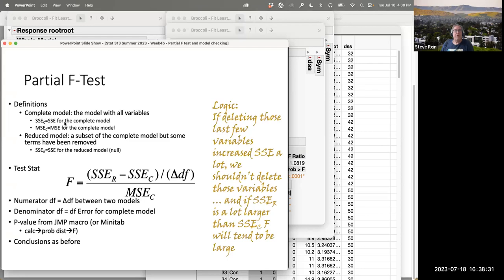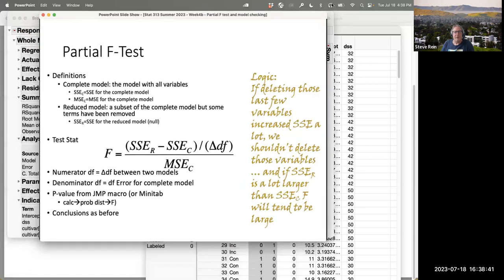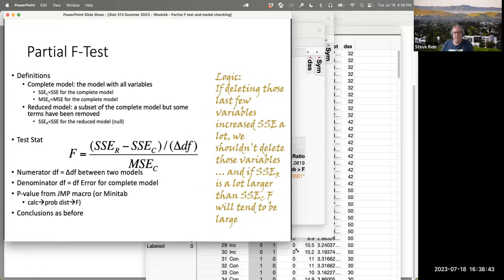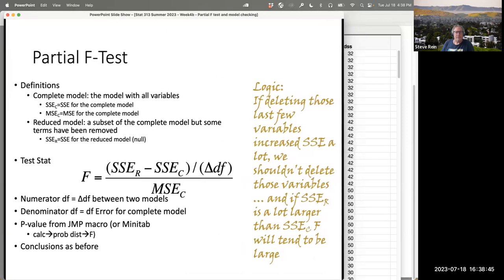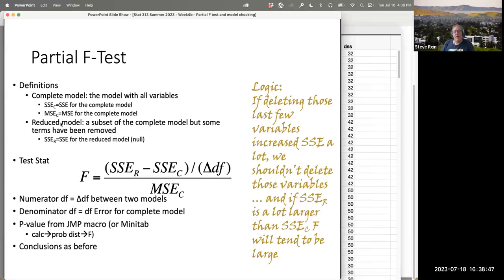SSEC, SSE for the complete model, the model with more variables in it. MSE for the model that's complete, the model with more variables in it. Let's bigify so you can all read this better. We also have a reduced model, a smaller model, a model with fewer terms, fewer parameters that we need to estimate.